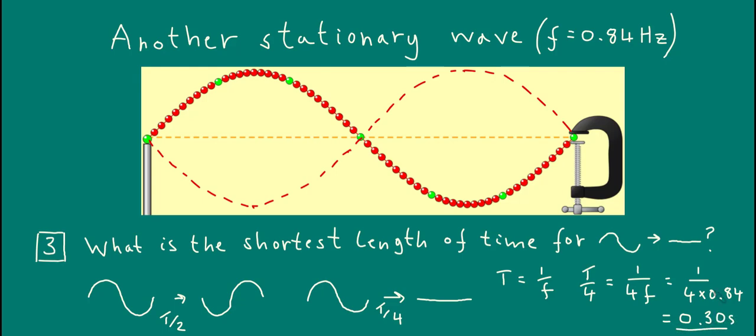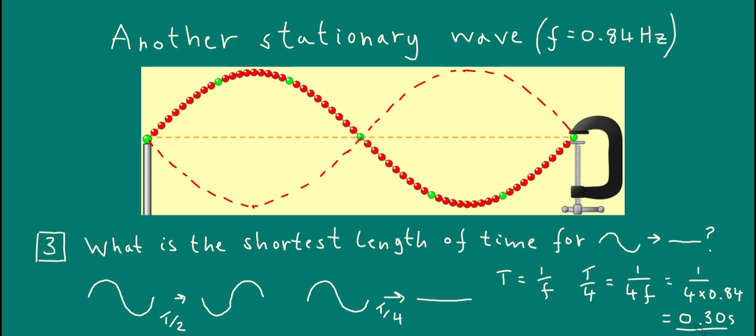to two significant figures, which is what we should be working to, because the information given to us in the question is given to 2 significant figures. Let me just point out that the question asks for the shortest length of time, which suggests that if we wait longer than 0.30 seconds, we will see the stationary wave pattern look like this as well. And that makes sense, right?